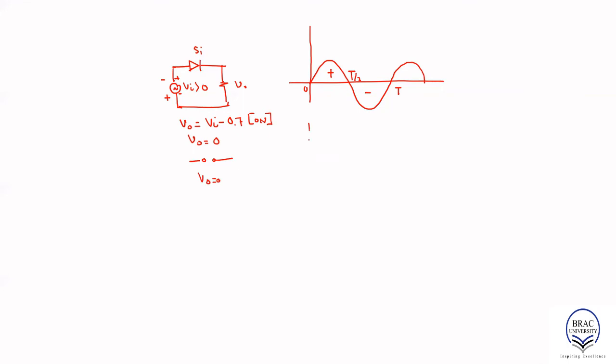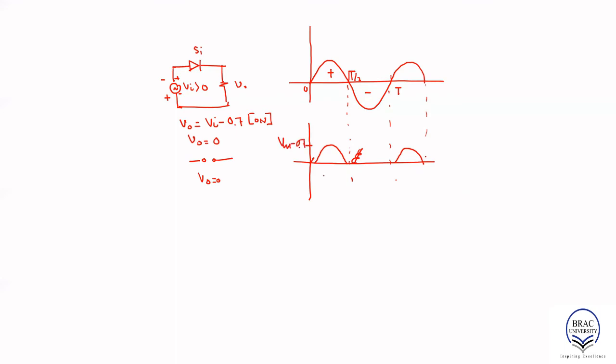So this way, if we draw the output signal, the peak is Vm minus 0.7.